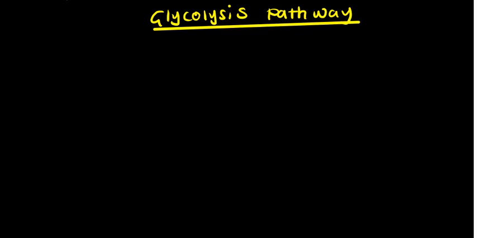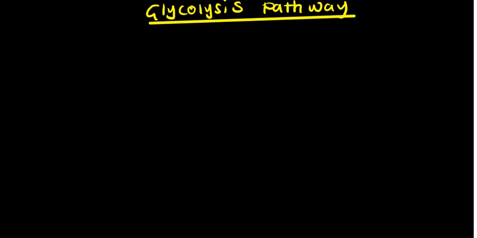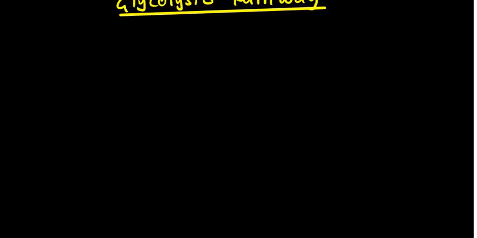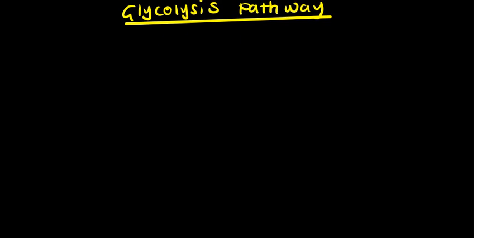The glycolysis pathway. Since we are breaking down glucose, and the ultimate result of this pathway is the formation of pyruvate, first and foremost, you're going to have glucose. It's the first thing.